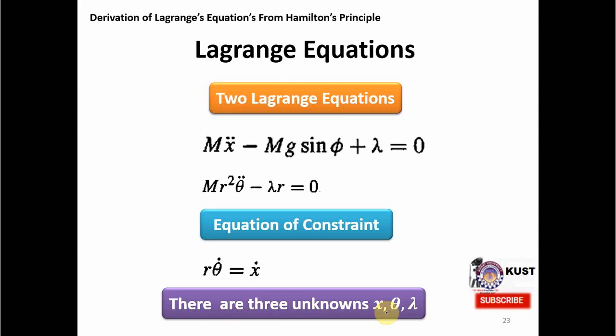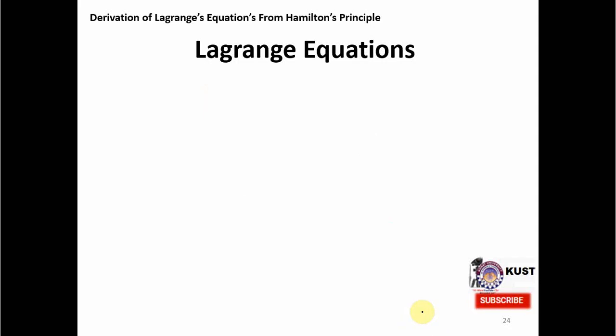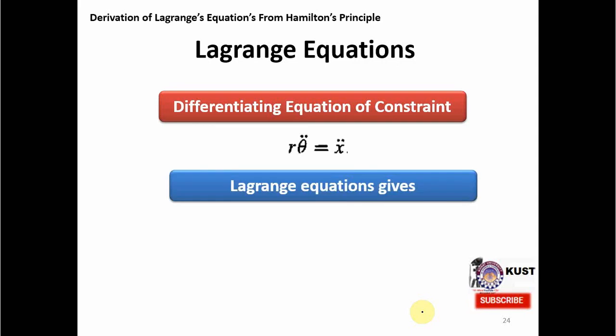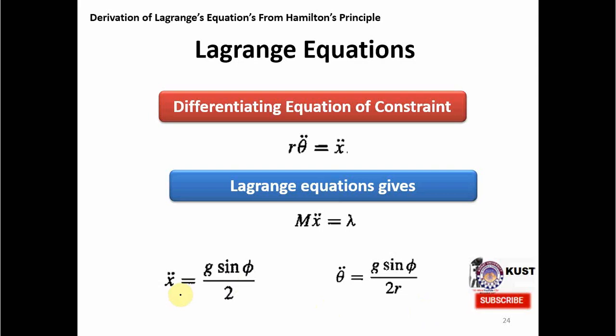Now you can connect this example and procedure to the general treatment I presented in the beginning. You can see these are the generalized coordinates and these are the Lagrange multipliers, which are useful for determining the equations of constraint. If we differentiate the equations of constraint, we will get r theta double dot and x double dot, and the Lagrange equations give us, after the second integration, because we want to calculate the forces, x double dot and theta double dot.